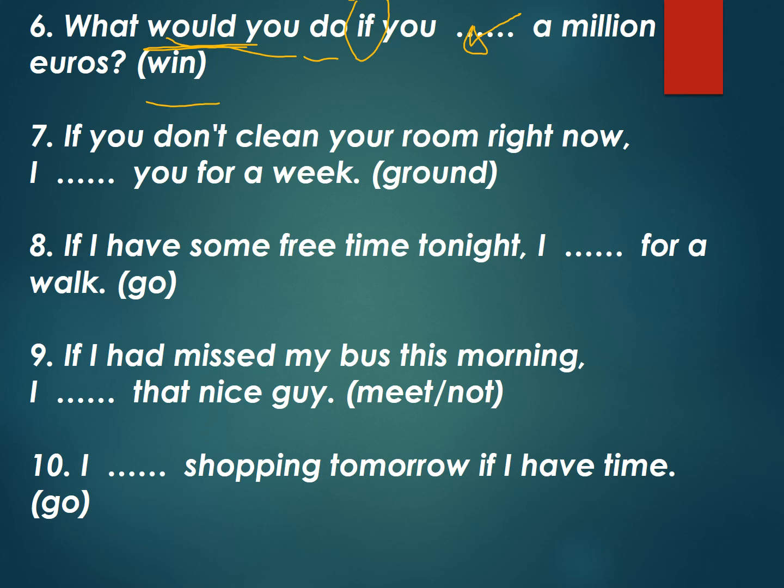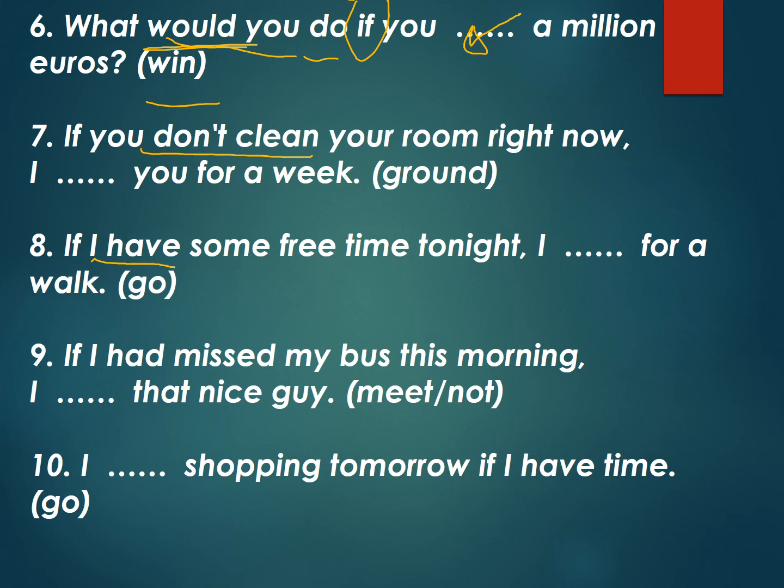Okay? Number 7, think of the type. Which type? If you don't clean your room right now, I ground you. Number 8, if I have some free time. Oh, I love these sentences because they make you think. If I have, in the if clause we have present simple.